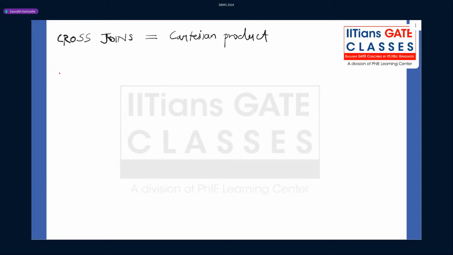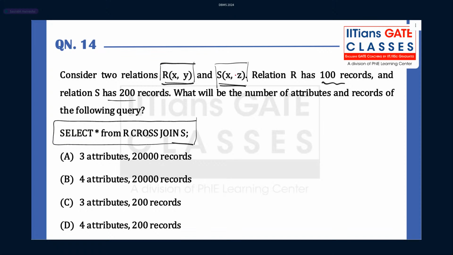So if we say R cross join S, this is equivalent to saying R cross S. That is the Cartesian product of R and S. Okay. So now coming back to the question, we are saying R cross join S. So here what we'll do is we'll perform the Cartesian product of R and S.